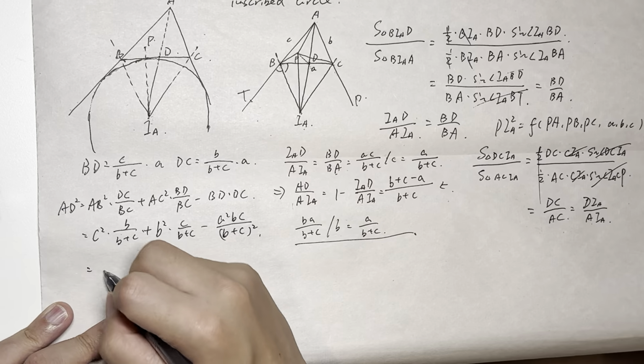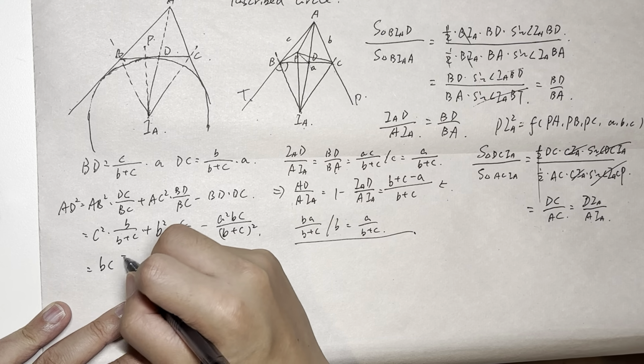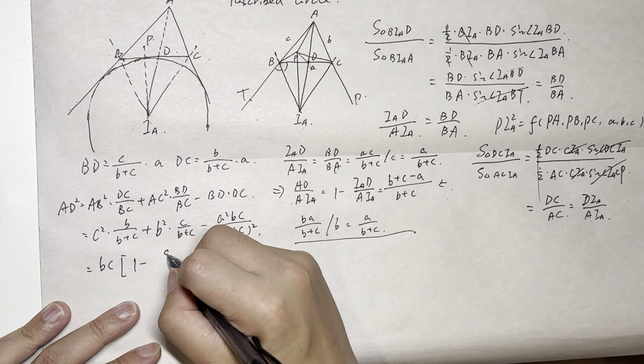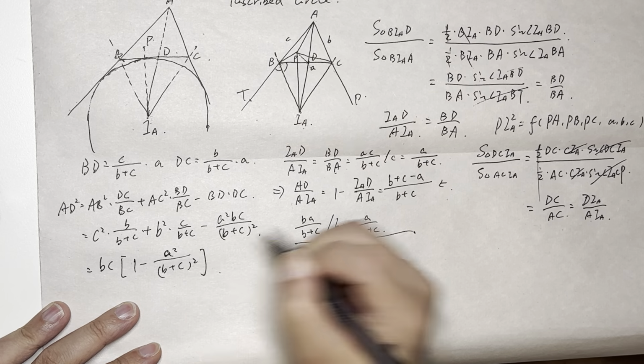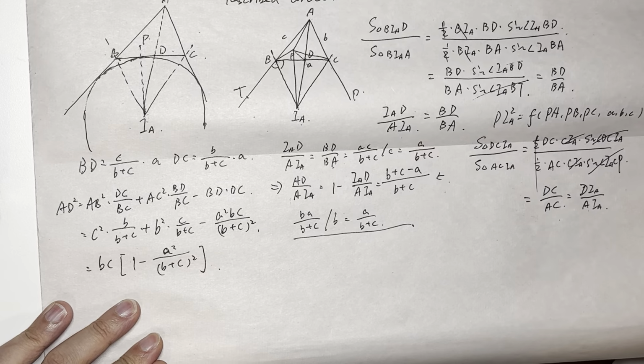It equals BC times 1 minus A squared to B plus C squared. That is AD squared.